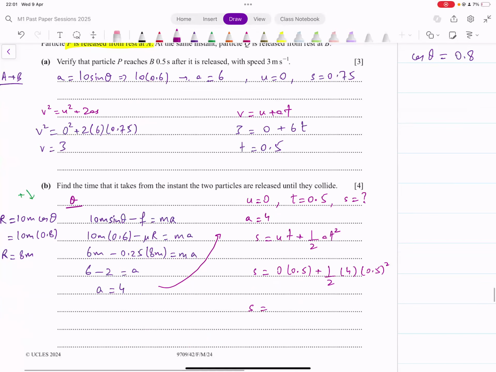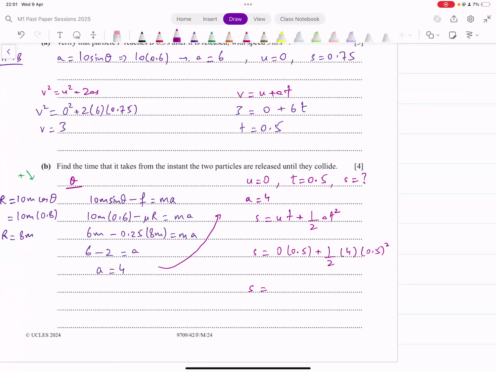Let's see what this turns out to be. 0.5 squared will be 0.25, and 0.25 into 2 is 0.5. So in the first 0.5 seconds, Q travels a distance of 0.5 meters. That's the distance that Q travels. Okay? What do we do now?